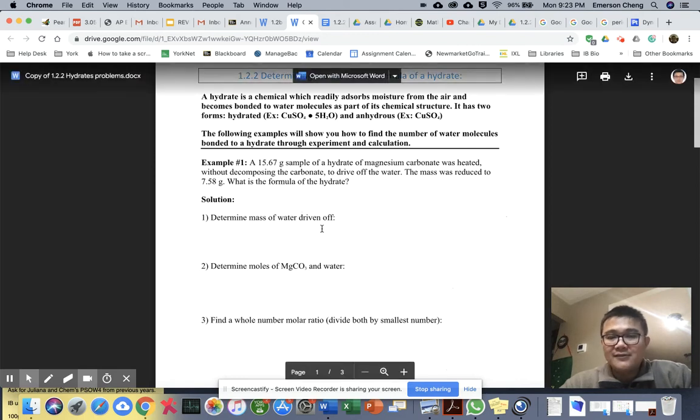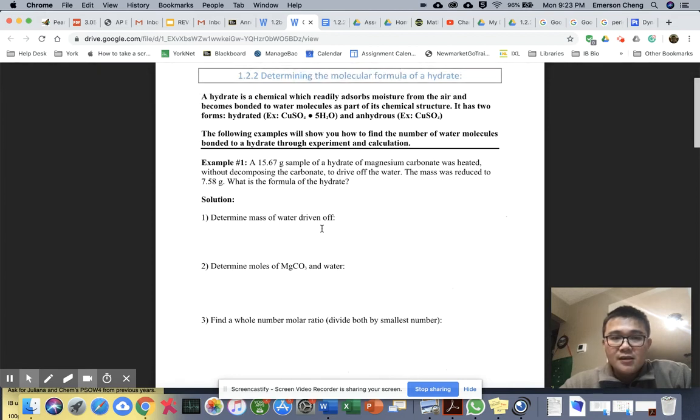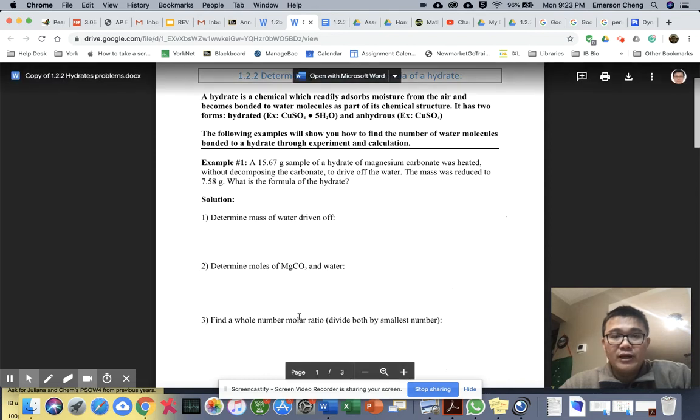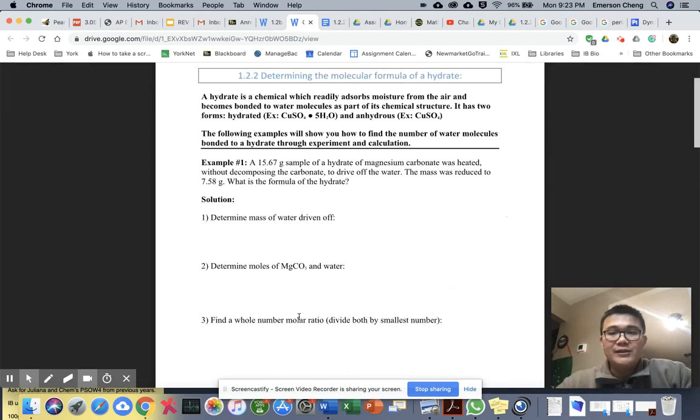That should be the mass of water driven off. Then determine the moles of MgCO3 and water, and then find the whole number mole ratio. You should detect this pattern by now in terms of figuring out empirical formulas.